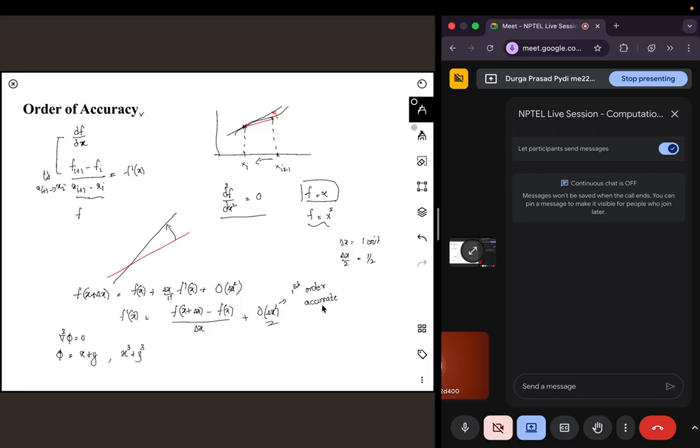So if we get an error and I try to reduce my stencil size, then what would happen? The error would have to reduce, right? Of course, yes.